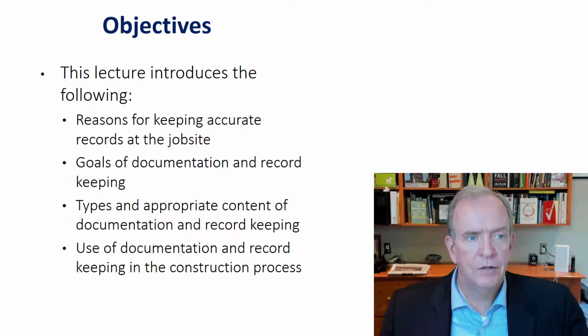So some of the objectives: reasons why we keep accurate records, some of the types of record keeping that we do, and what our goals are. Like, why are we bothering with all this trouble? So that we keep track of the appropriate documentation, right?